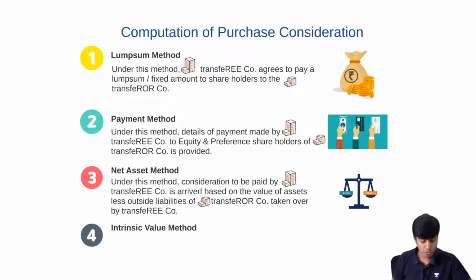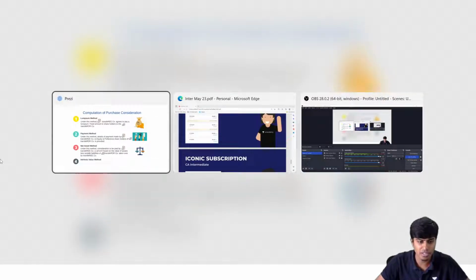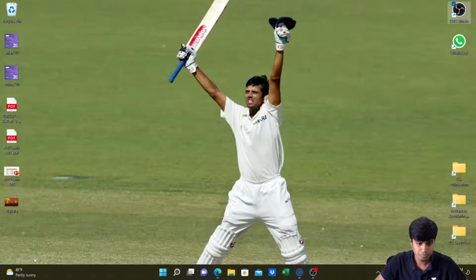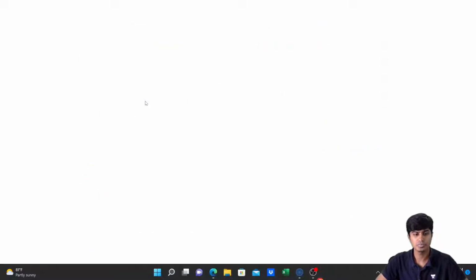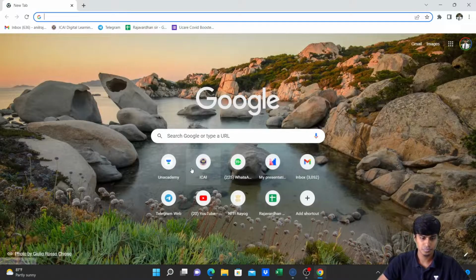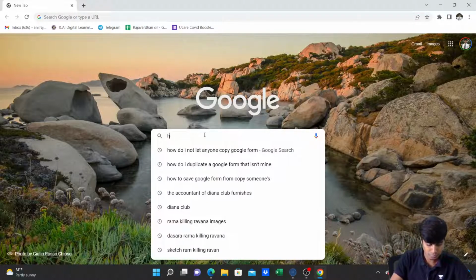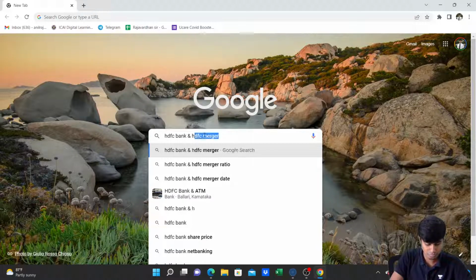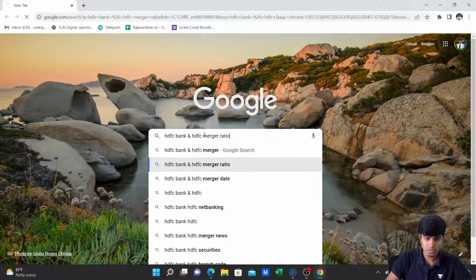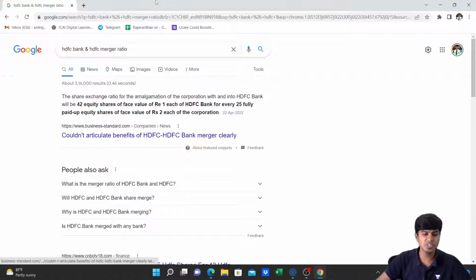Yeah, that's intrinsic value. In fact, I'll show you a recent happening. HDFC, an NBFC, and HDFC Bank merged. So there was an agreed ratio given there also. Okay, wait, let me show. See, HDFC Bank and HDFC merger ratio.